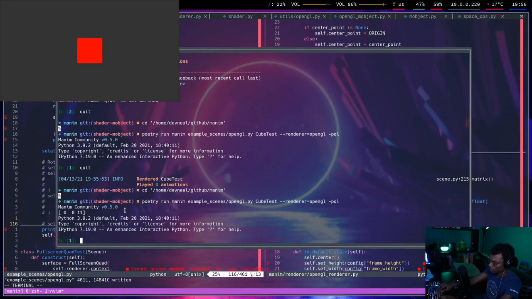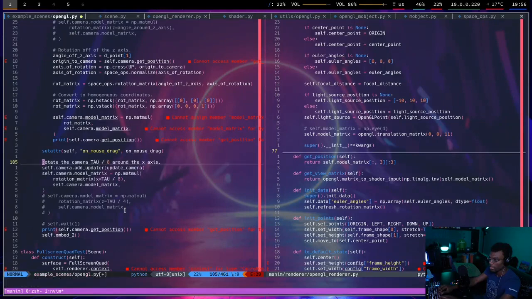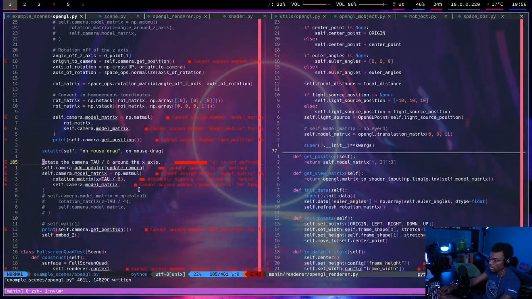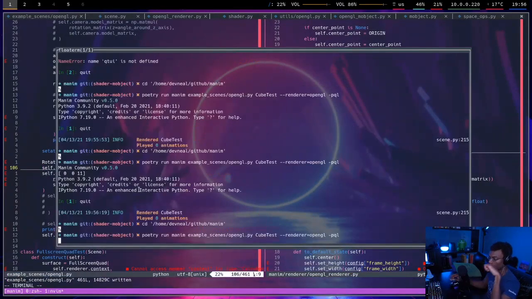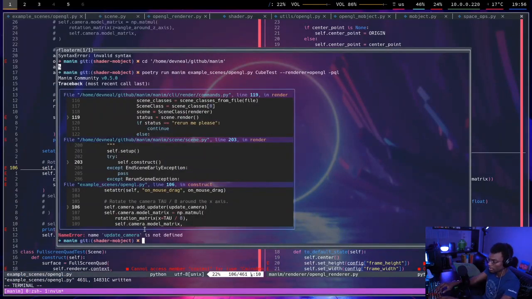Okay. If I rotate the camera around the x-axis, what should happen? The camera won't move in this direction. If this coordinate system is right-handed, the camera will move in this direction. Which is still fine, but when I do this, I should see the y-coordinate be negative. Oh, come on.